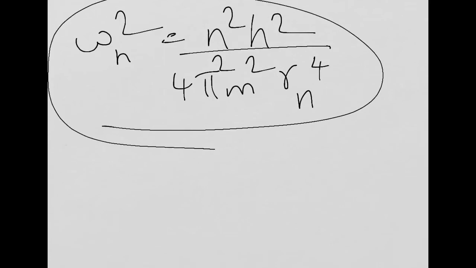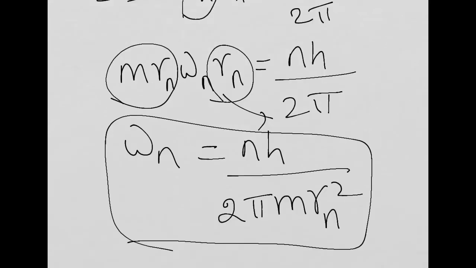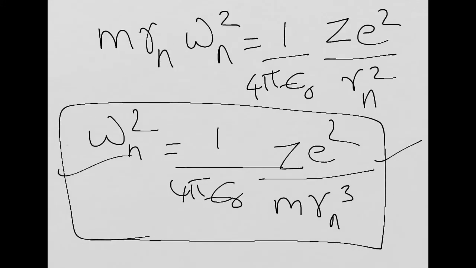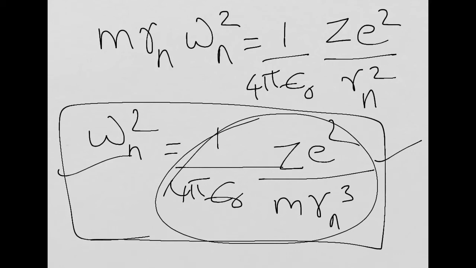Taking this omega n square, comparing with this omega n square, I can take this and compare with that, right?